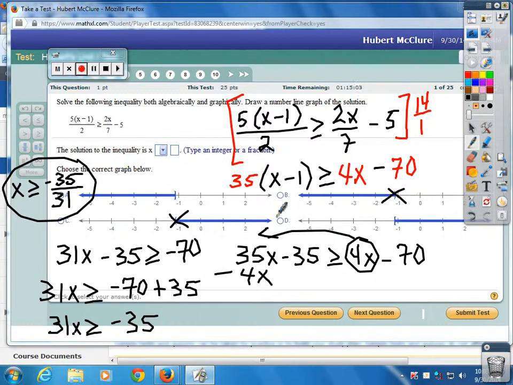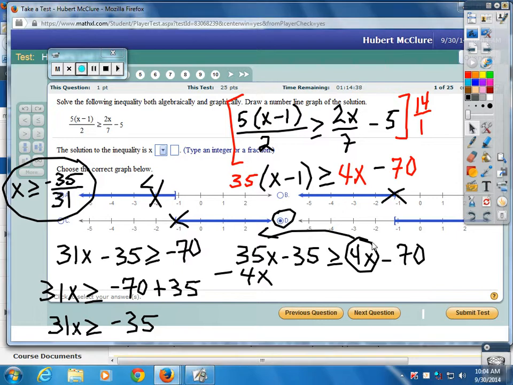D. D is your answer, because this one is less than. Include: brackets and closed circles. So your answer should be D.